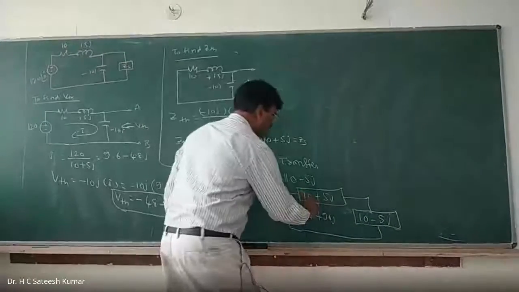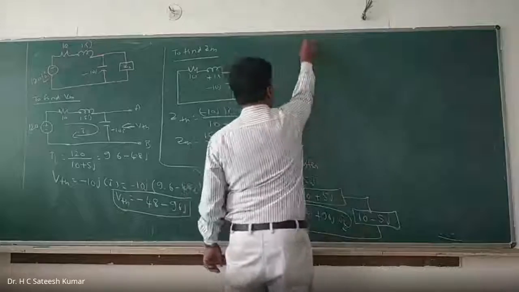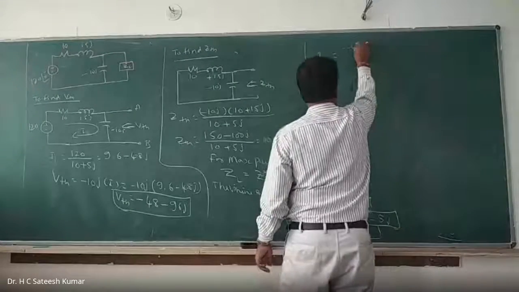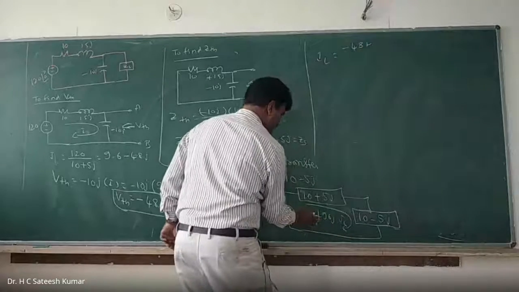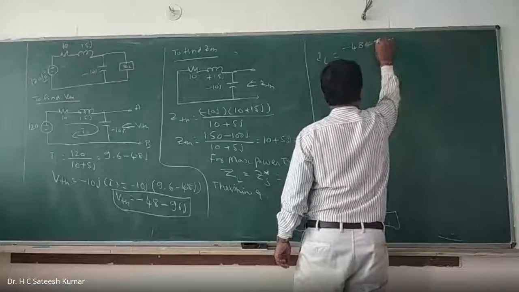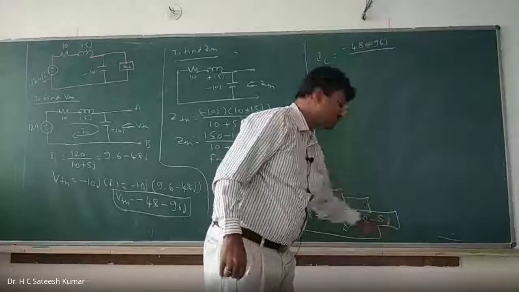Find out IL. Now IL is equal to minus 48 plus... sorry, this is minus 96J divided by, if you add these two, plus 5J and minus 5J get cancelled, 20.